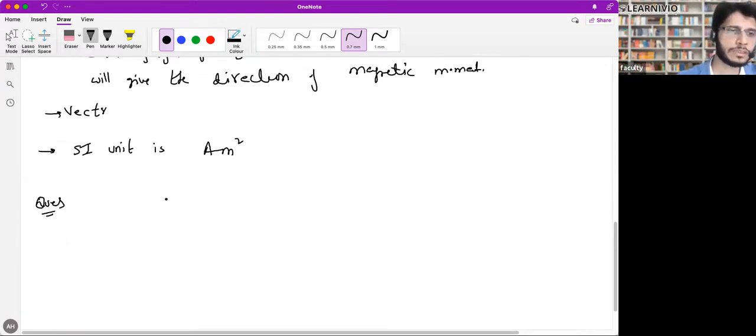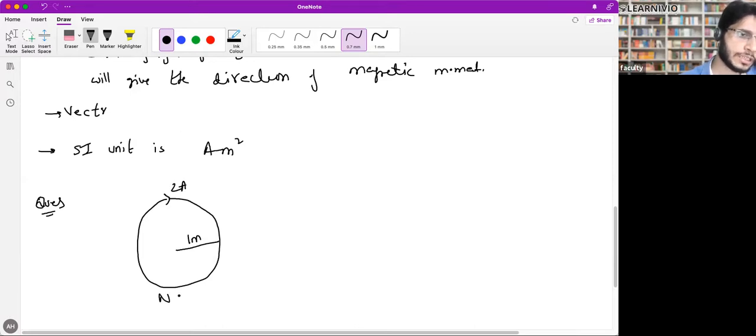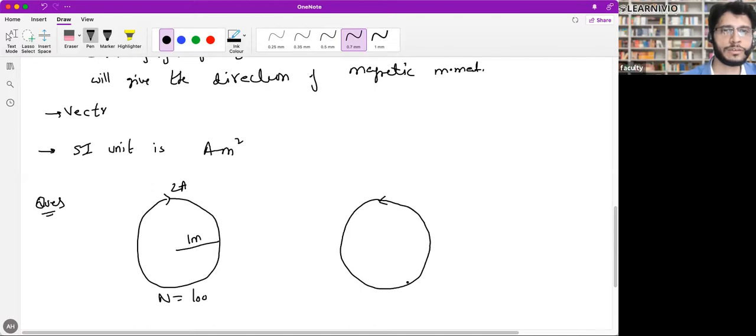Say you have two coils. One coil has a radius of 1 meter, a current of 2 ampere is passing through it, and the number of turns is 100. This is another coil. Current of 2 ampere is passing through it, its radius is 1 meter and the number of turns is 50.